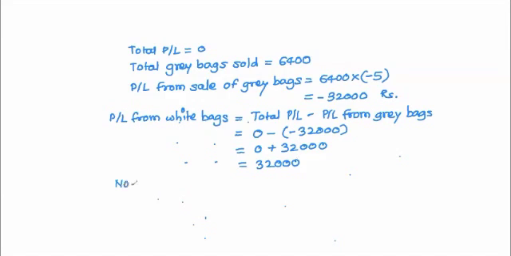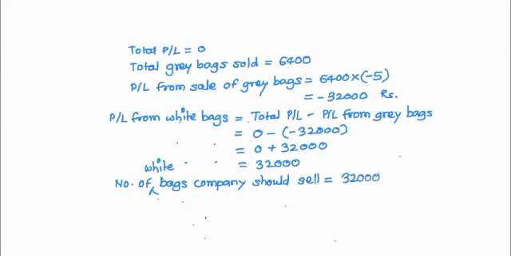So the number of white bags the company should sell is equal to the total profit and loss they expect from white bags divided by the per bag profit and loss, which is 8 rupees.